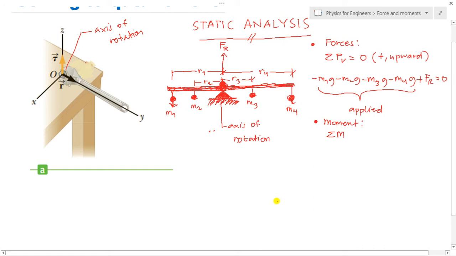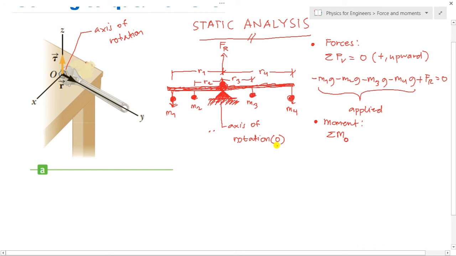Here, the masses have a tendency to rotate along this fulcrum, like a seesaw. So that is what you consider. Summation of moments about the axis, let's say axis O. The axis of rotation we will just represent as O.